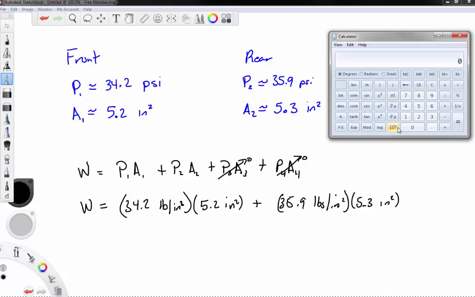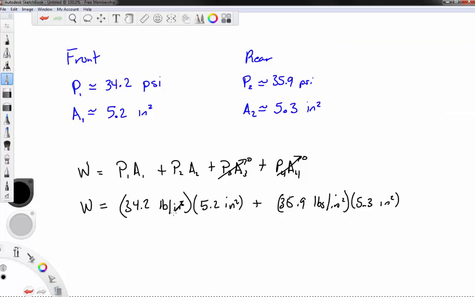So let's pull out our calculator to calculate what this is going to give us. Basically the weight is going to be this times this, so 34.2 times 5.2. You'll notice that there's per inch here and square inches here.